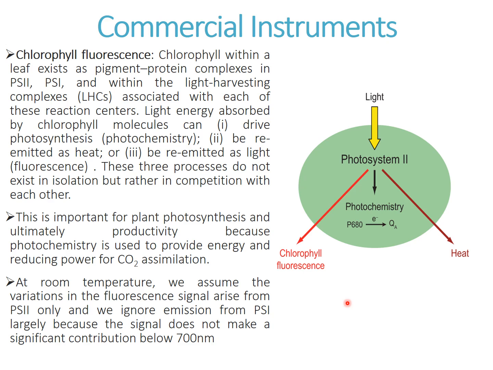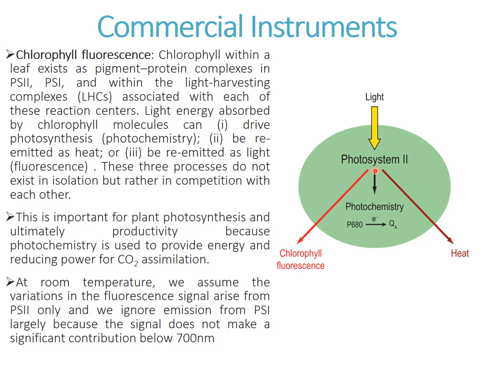In one of my lectures on photosynthesis, I told you about the fate of the absorbed energy by the photosystems. I have already explained that there are three pathways the energy from the light can be utilized.